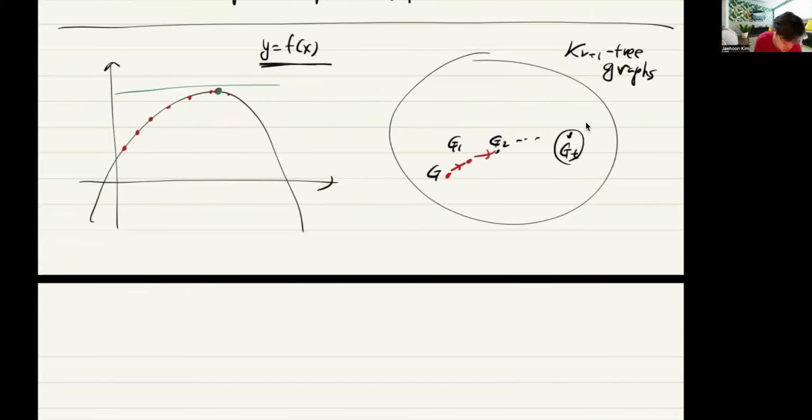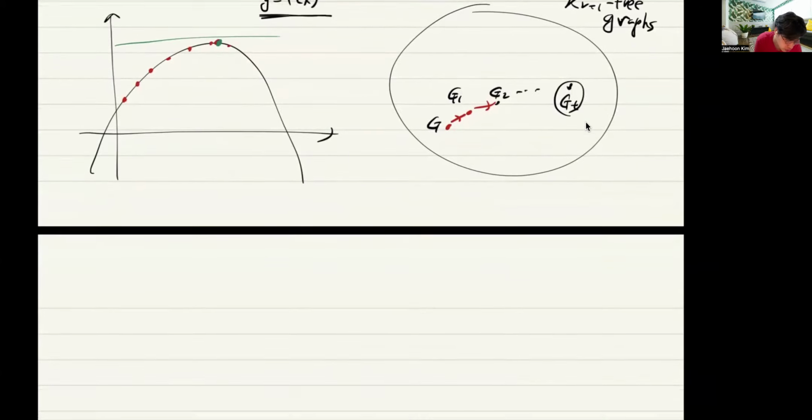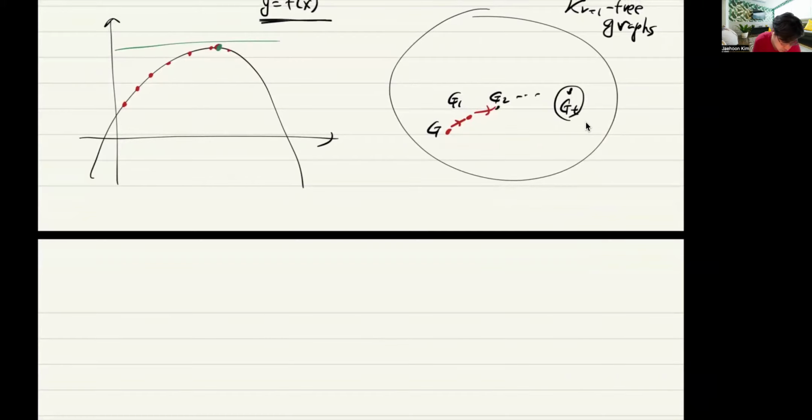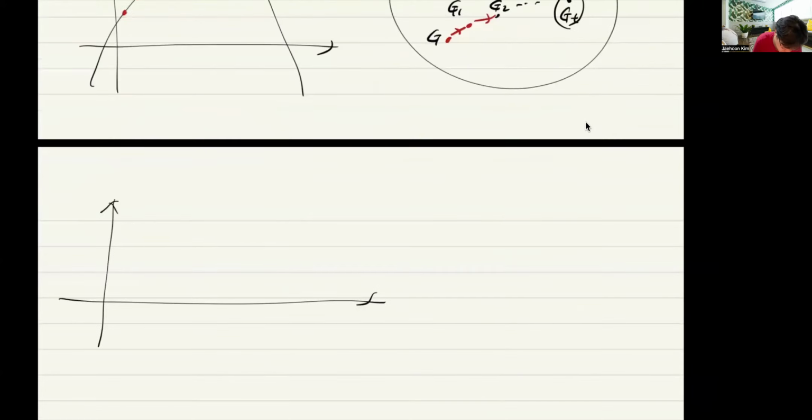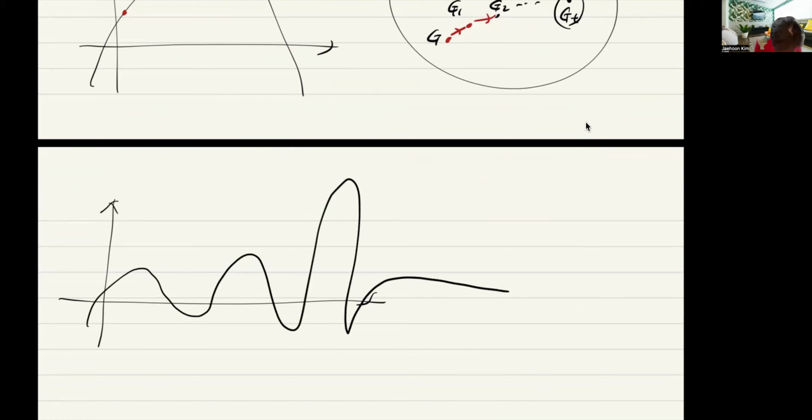Okay, but this method has some issue in general. Imagine that you have this function, something like this. So its maximum is here.